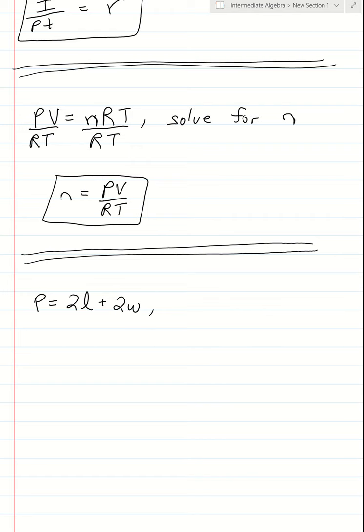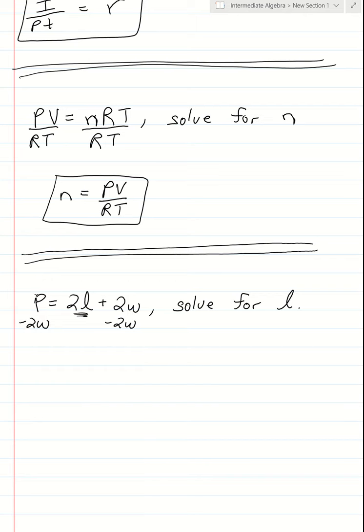And if we have this formula, I might ask you to solve for the variable L. To get L by itself, what we need to do initially is to eliminate this 2W. Since 2W is being added, I would subtract 2W on both sides.